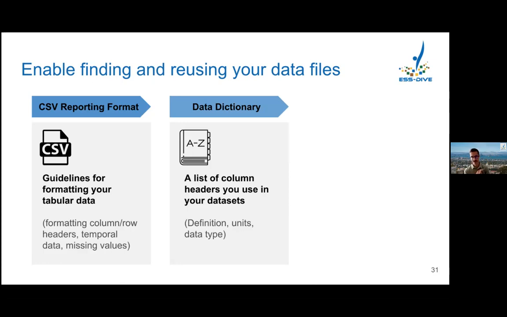It's a place you could provide units and the type of data that variable is. So for those of you for whom this concept is new, that's a data dictionary. It accompanies your CSV data file.